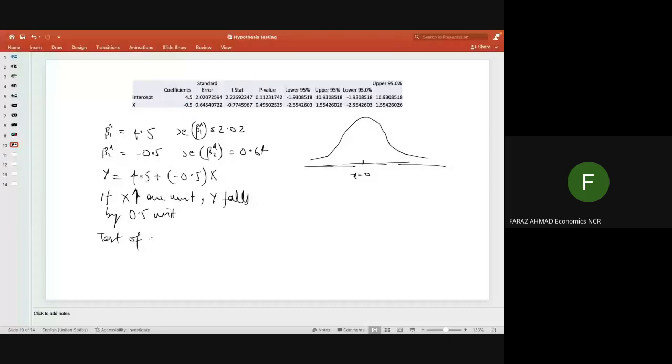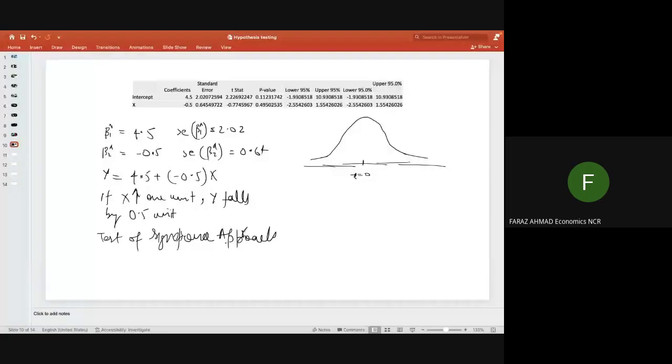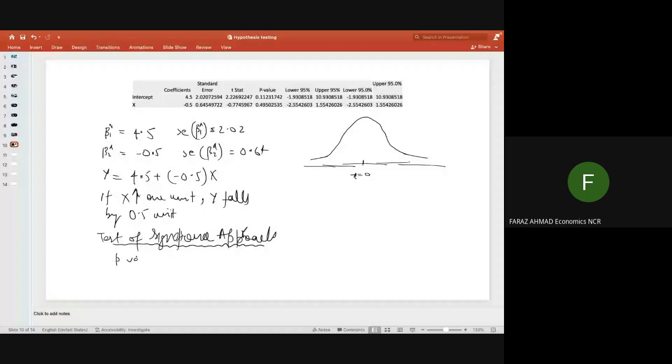In the test of significance approach, we just see the p-value and then we make a decision.